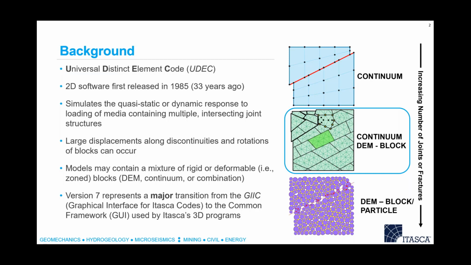In the comparison here on the right-hand side, we can see an example of a continuum or FLAC model in 2D, where we have zones and grid points, and an interface where we can have sliding along a joint or discontinuity. We have UDEC and 3DEC in the middle, where we have a combination of continuum and distinct element methods, with a series of blocks which can be zoned, where we have both contacts along the boundaries of the blocks and grid points within the block.